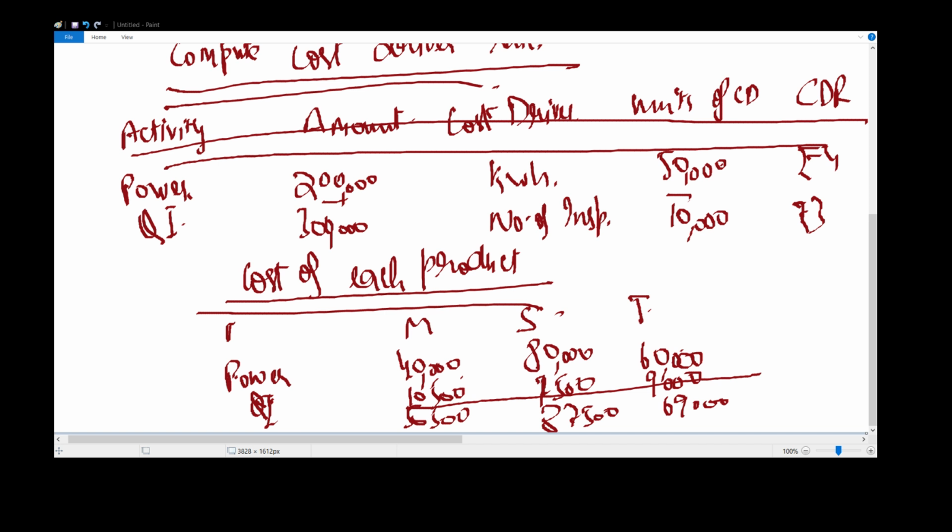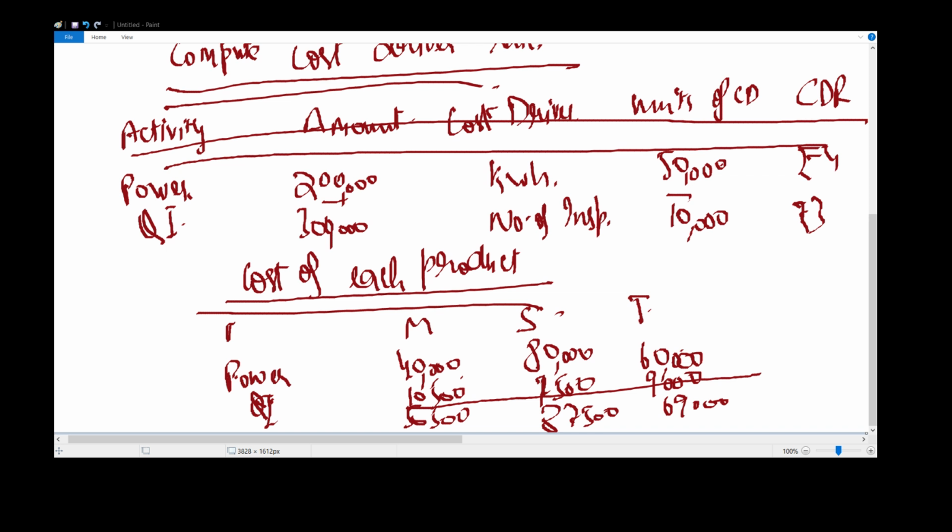Okay, you can calculate the cost of unused capacity: 20,000 and 30,000, total 50,000 is the total cost of unused capacity.